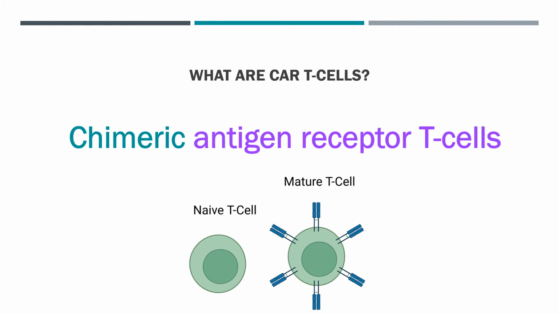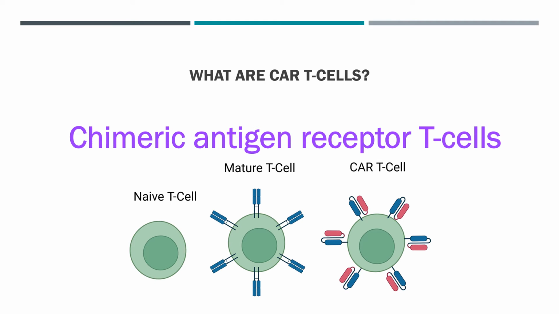That would be really, really awesome, and it would probably be very efficient. And that's exactly the idea behind chimeric antigen receptor T cells, is to tweak them so that they're very effective, but still our own immune system.